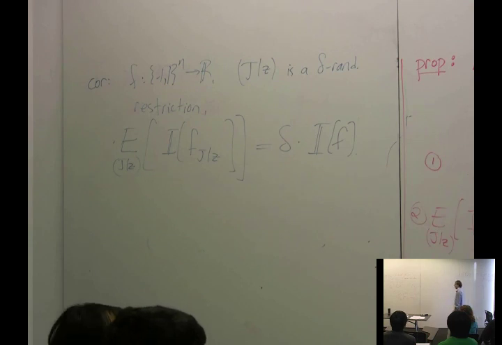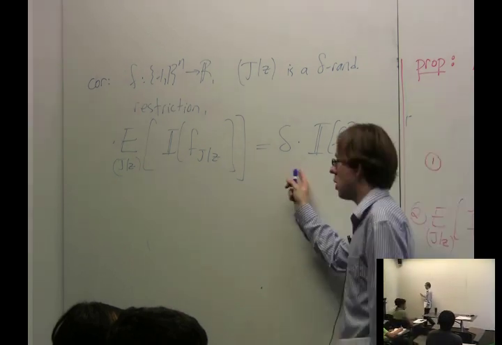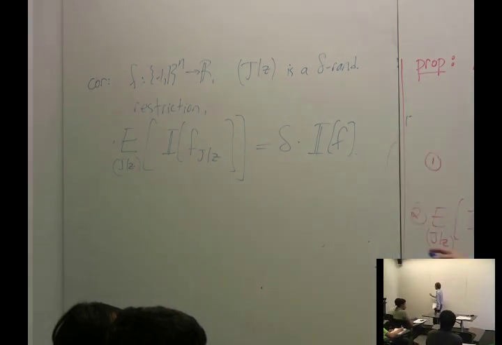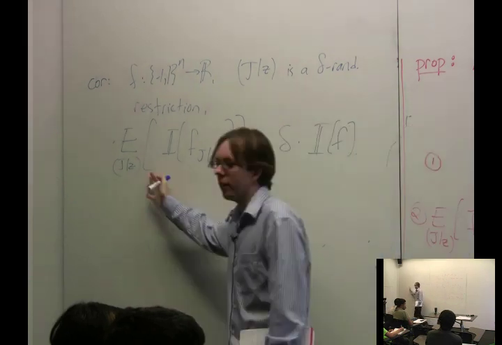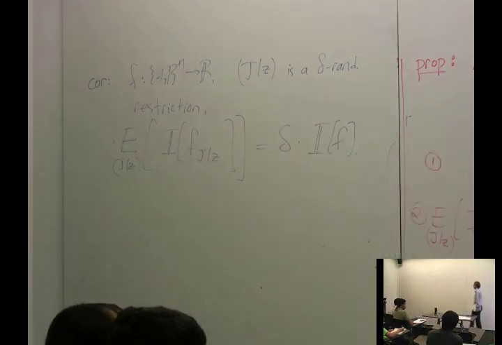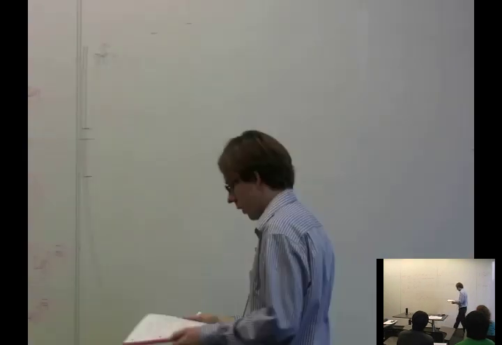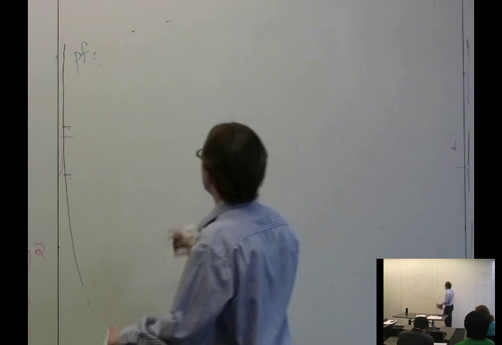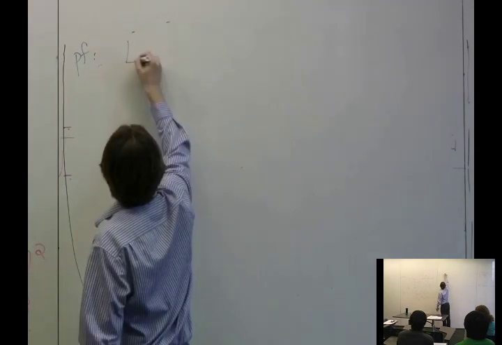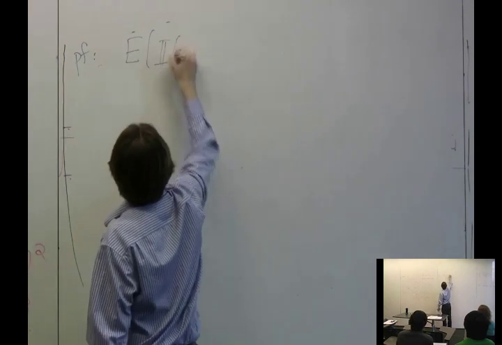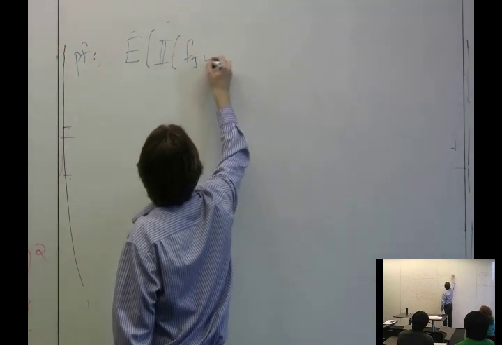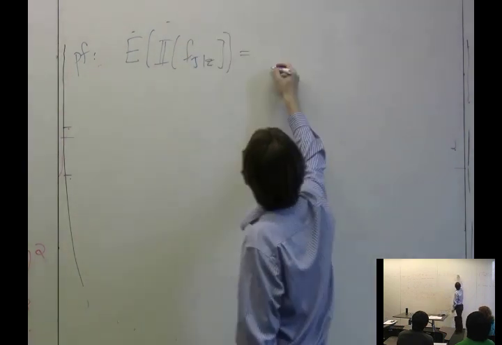Actually, you don't need Fourier analysis to do this computation. As you'll see on the new homework, which is out today, there's a simple direct probabilistic argument that shows this, which you're asked to find. But since we have these Fourier formulas handy, we'll do it this way as well. Okay, so just as Arda suggested, we can get the expectation of the total influence of the restricted function by using the Fourier formula for total influence.